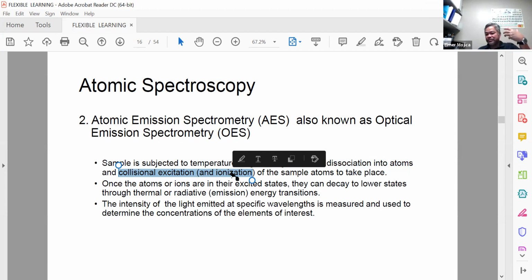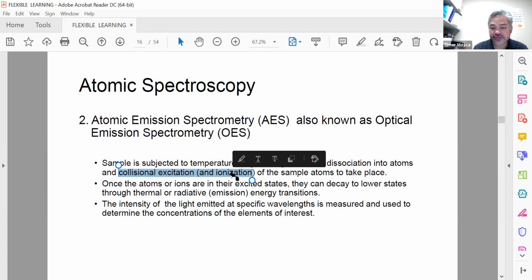Once these atoms or ions are in the excited states, they can decay to lower states, and in doing so, emission takes place. The transition from the higher energy level to the lower energy level is where the radiative energy transition happens.